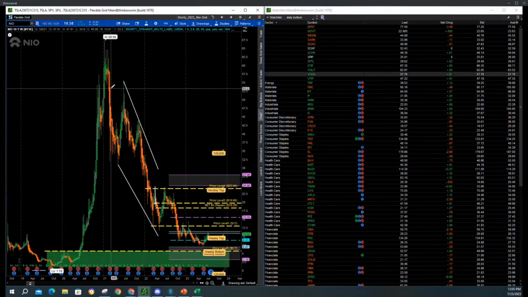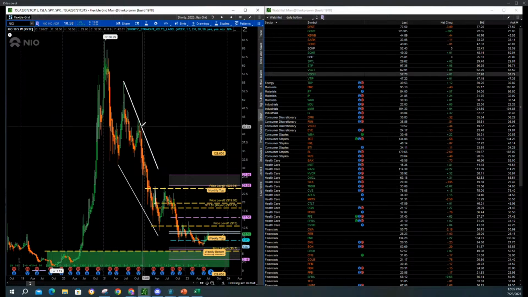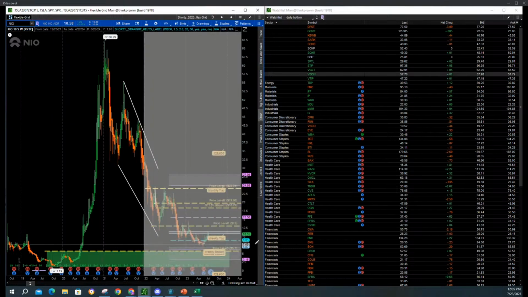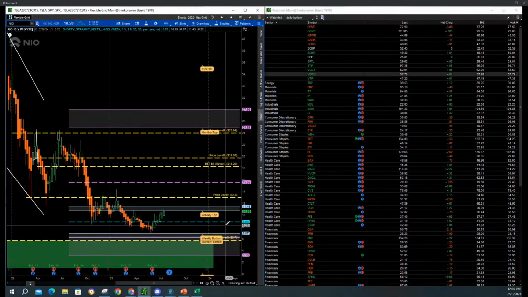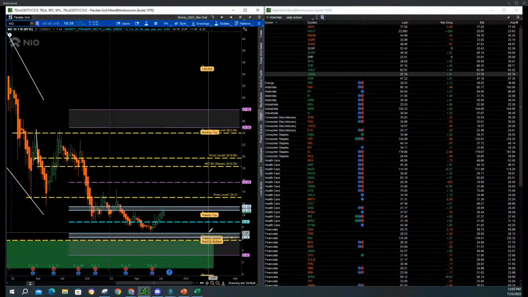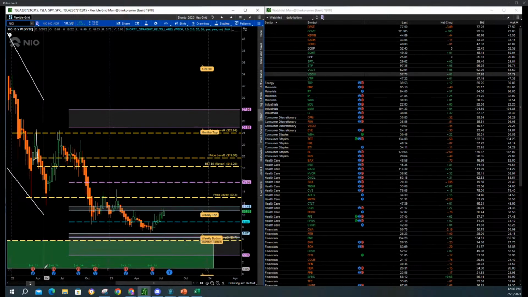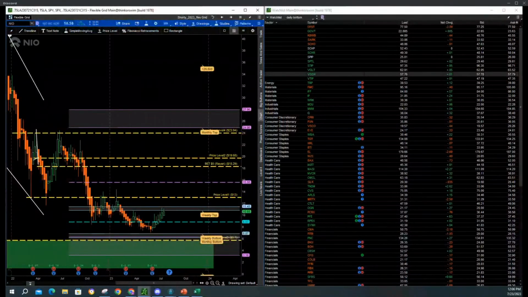I had it here, sold it up there, but I didn't add. Maybe if it comes back somewhere between $5 and $6, I'd add. Even 687 is not a bad add here. So that's what I would wait for. 8 or 690, and then ideally 5.7, but I don't think we'll get that. Maybe, but I don't know.